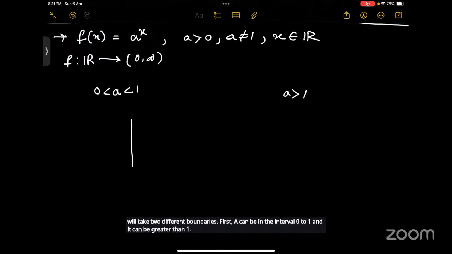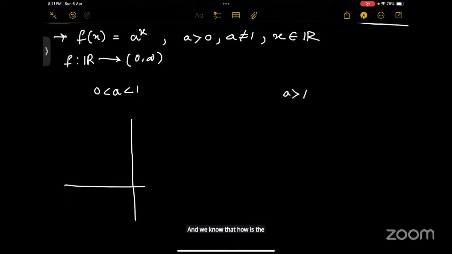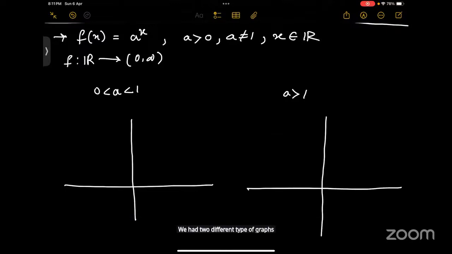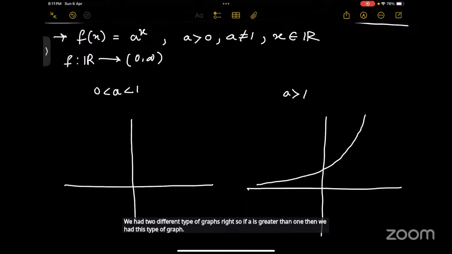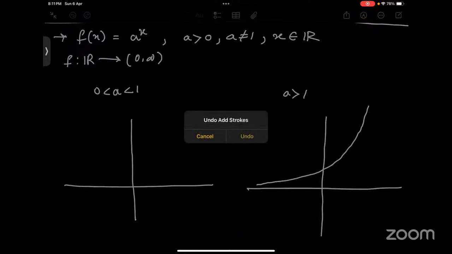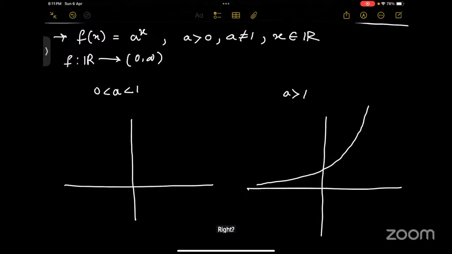And we know how the graph is if a is from 0 to 1 and if a is greater than 1. We had two different types of graphs, right? So if a is greater than 1, then we had this type of graph, right? And if a is in this interval 0 to 1, then we had this type of graph, right?